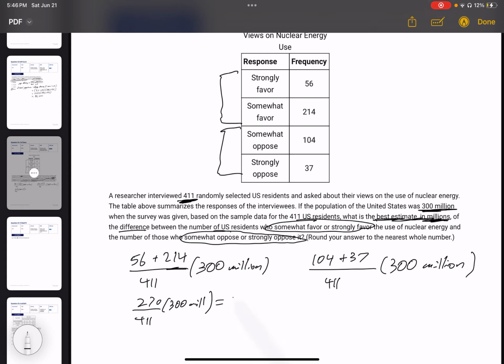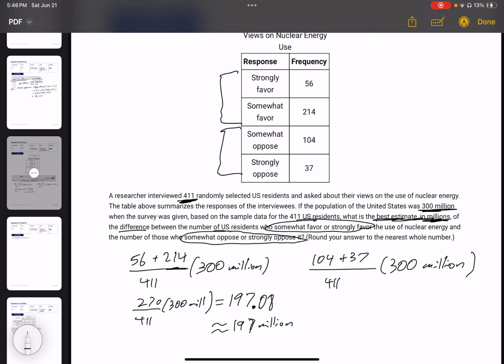It's going to give you 197 point something, but it says round to the nearest, so we would just round this to 197 million. And that's for people who somewhat favor or strongly favor the use of nuclear energy.